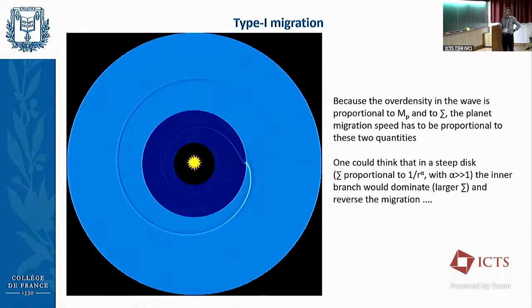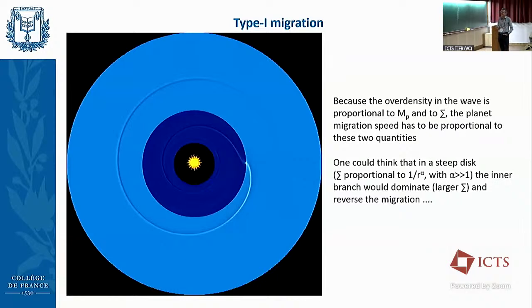Because the planet is the perturber, the overdensity of the wave is proportional to the mass of the planet, and to the overall density of the gas. The overdensity is a fraction of the density of the gas. Then the planet migration speed has to be proportional to these two quantities. So the migration of a planet is linearly proportional to its own mass and the mass of the disk.